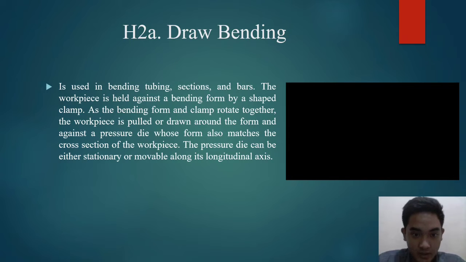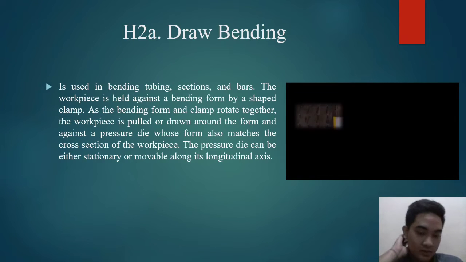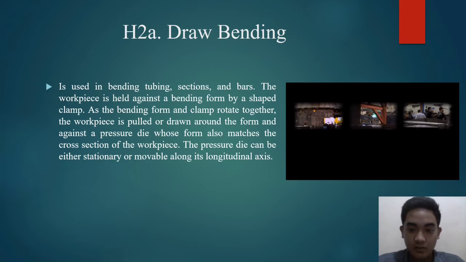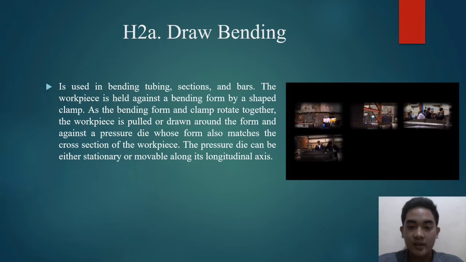As the bending form and clamp rotate together, the workpiece is pulled or drawn around the form, and against a pressure die. The pressure die also maintains the cross section of the workpiece. This is a process, the draw bending.